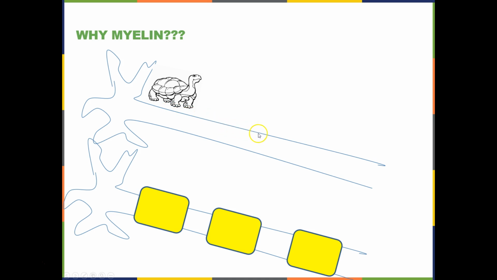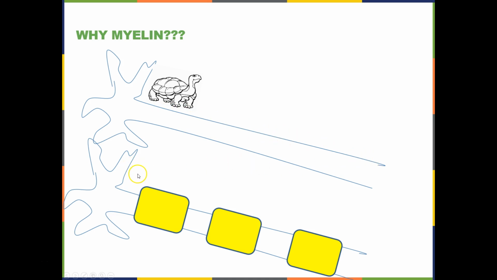These action potentials are quick, but when one moves all the way from, say, your central nervous system, the motor cortex, to your gastrocnemius muscle to help you walk, that's going to take a long time if it's moving along the entire neuron length.